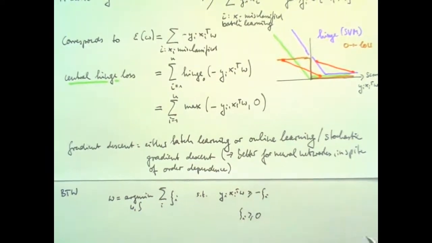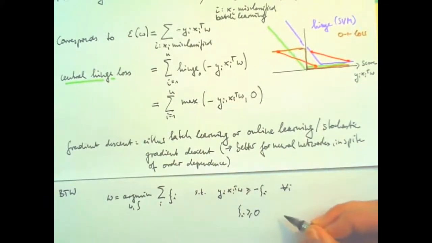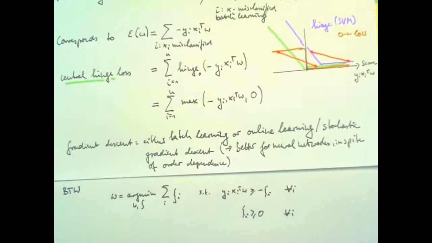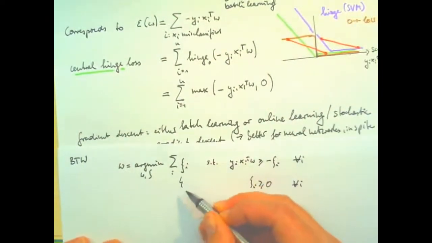And this is for all i. And these xi's, they are the so-called slack variables.